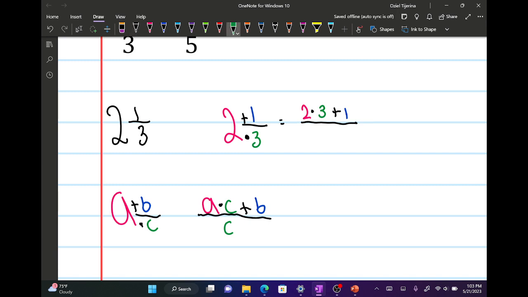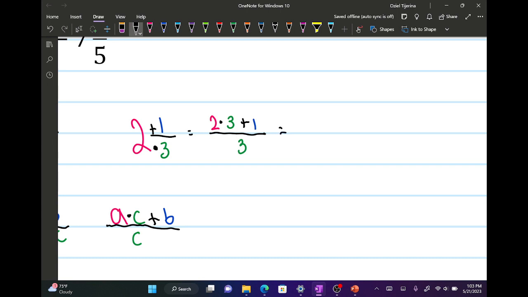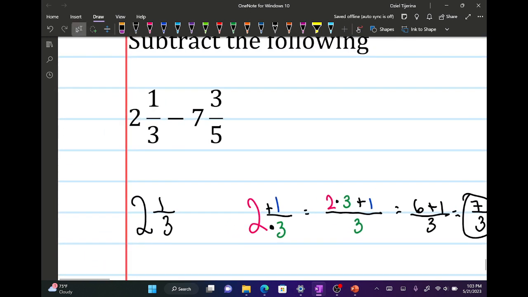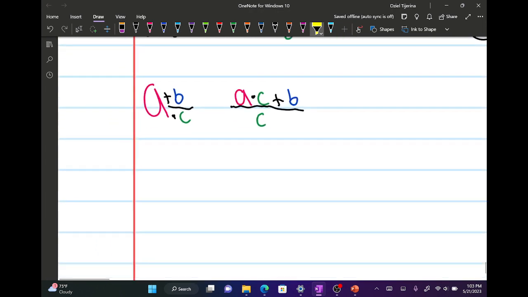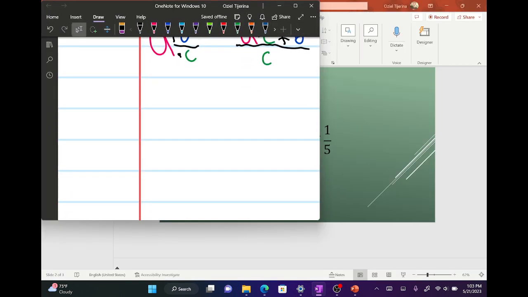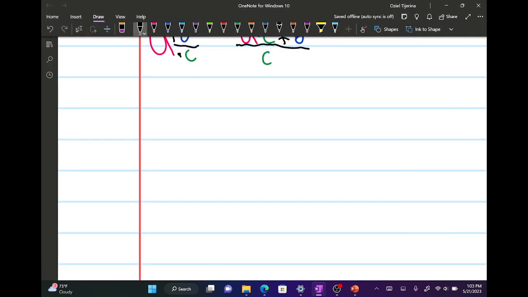That is 6 plus 1 over 3, which gives me 7 over 3. That would be 7/3.